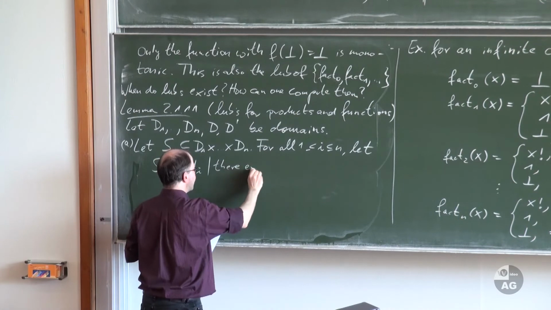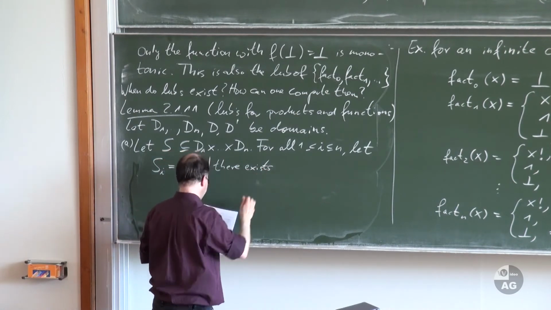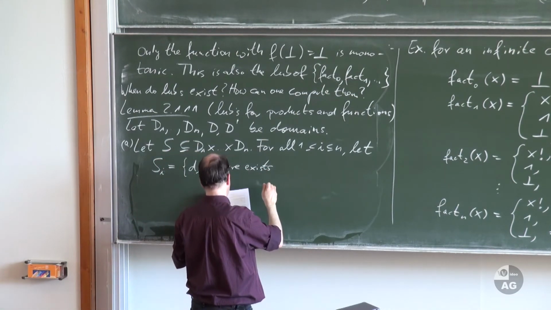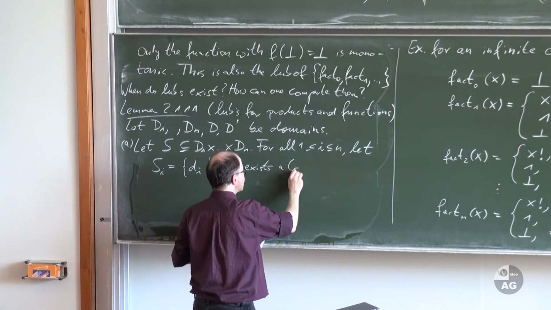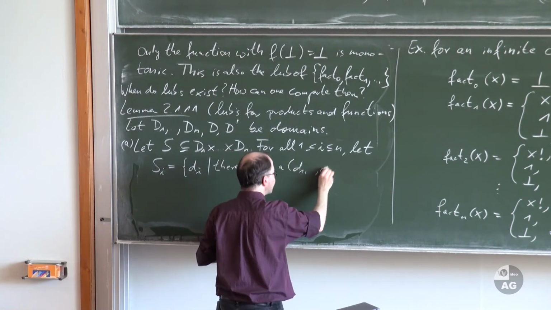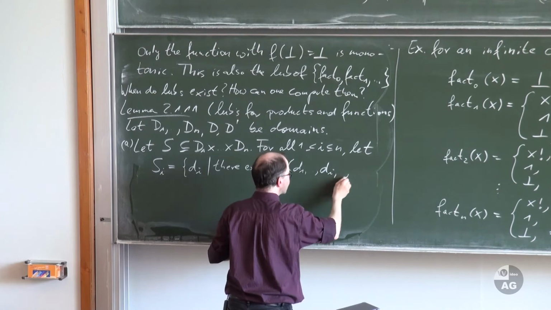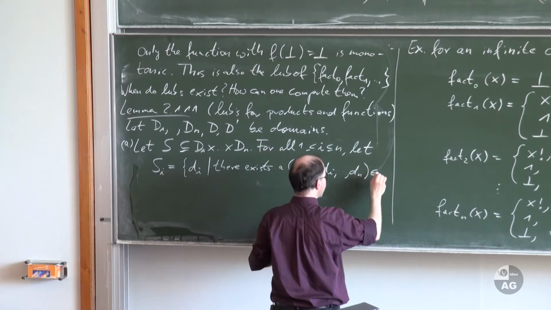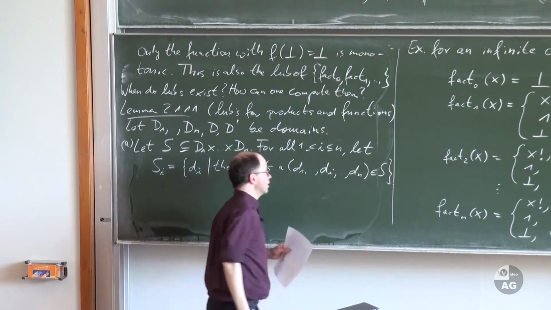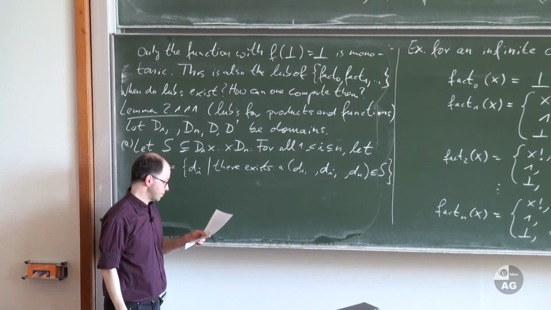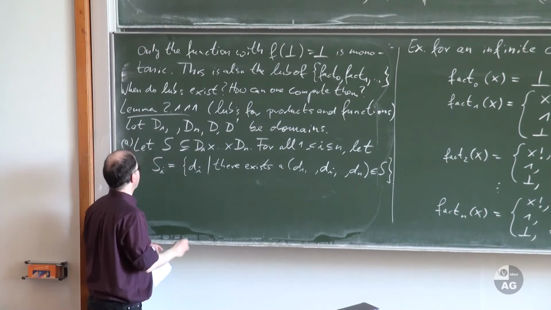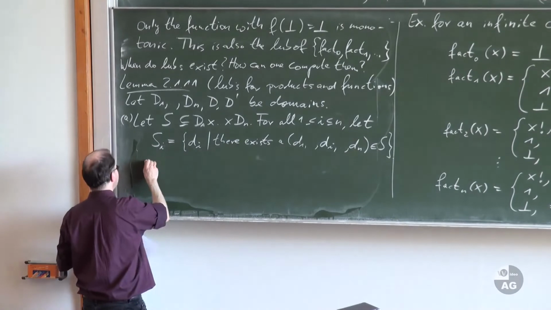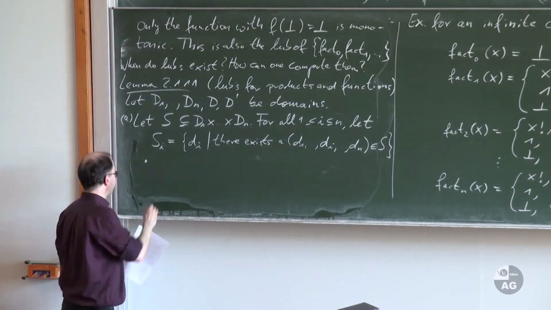So whenever there exists some tuple d1, ..., di, ..., dn in S. So we do all these projections, and then the lemma states the following.